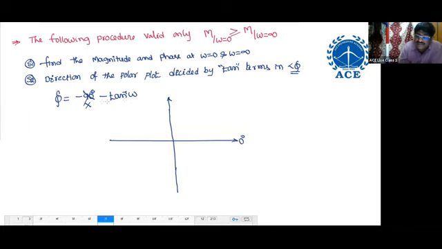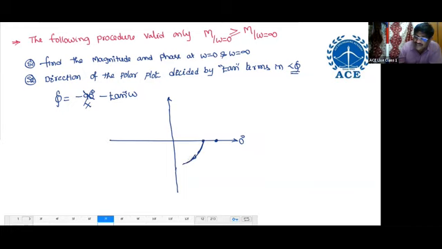Omega 1 means minus tan inverse 1, that means minus 45 degrees. Omega 2 means minus 63, so it is still coming to the left. Omega 5 is minus 84.